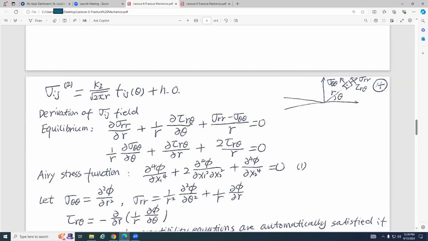For the equilibrium equation, have you ever learned the equilibrium equation?